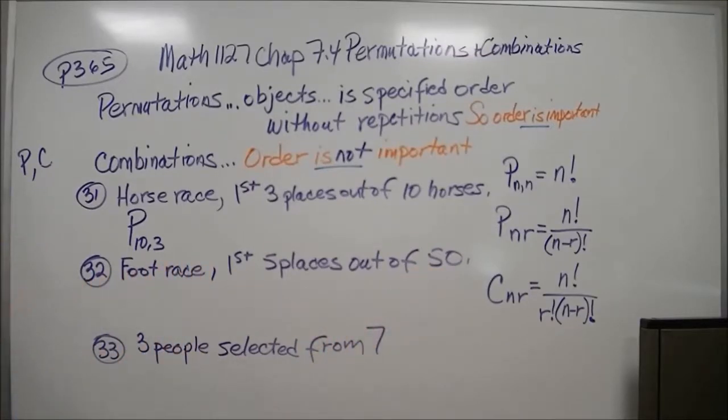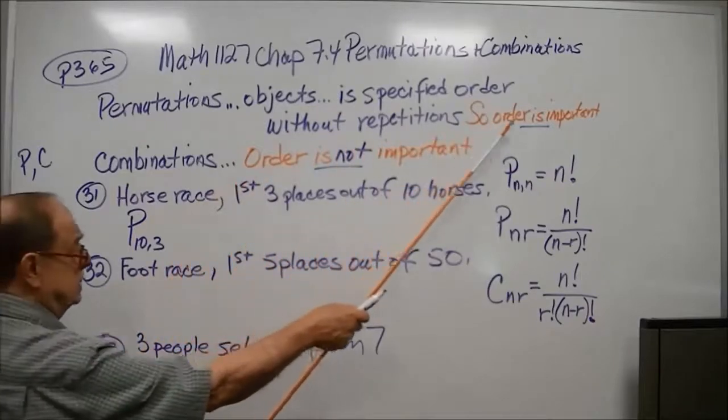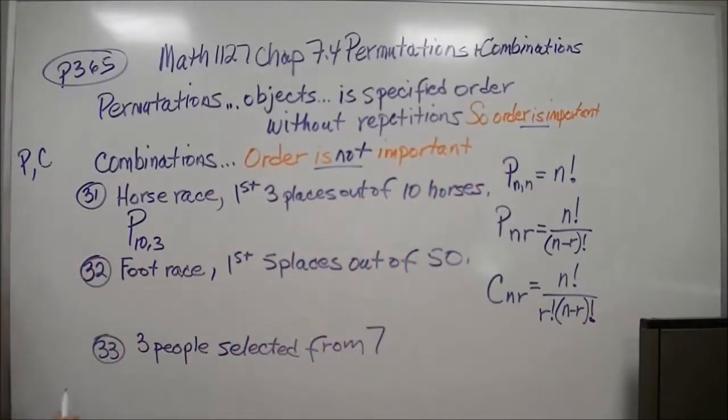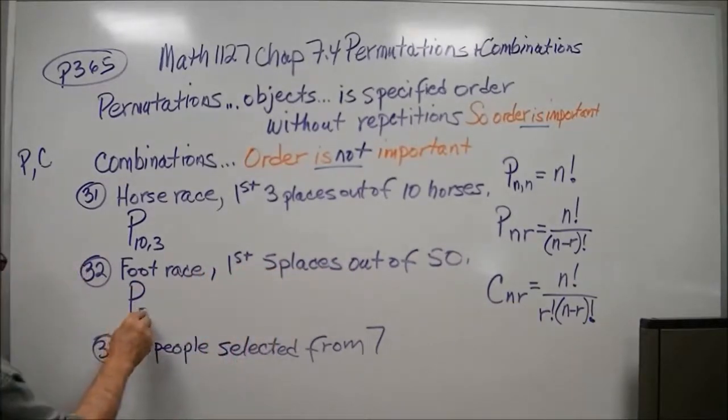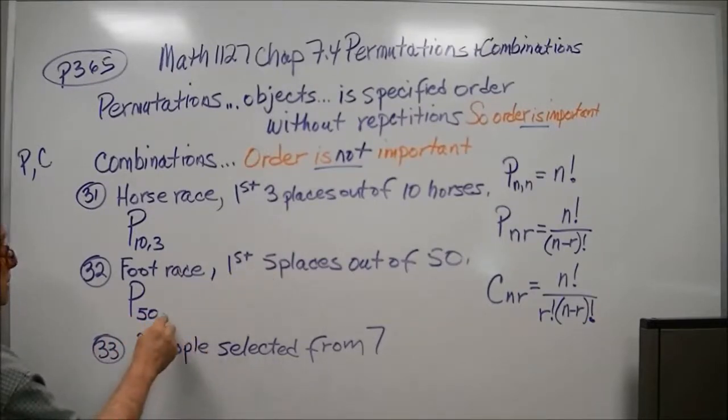So again, when you have a race and placing in that race is important, order is important. So this is a permutation, and the number of individuals, 50, and the first 5 places will be a 5 there.